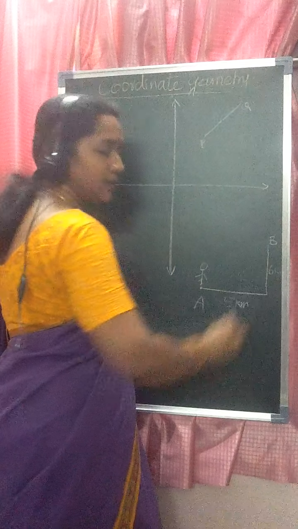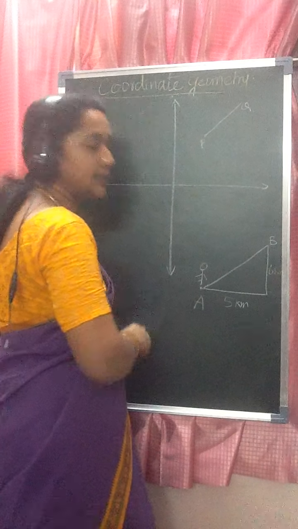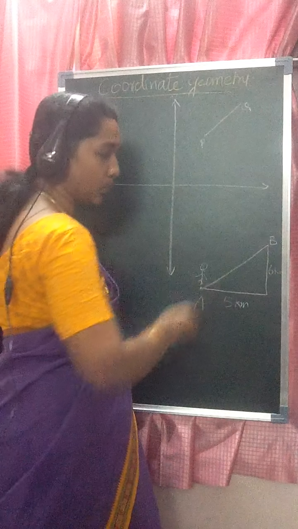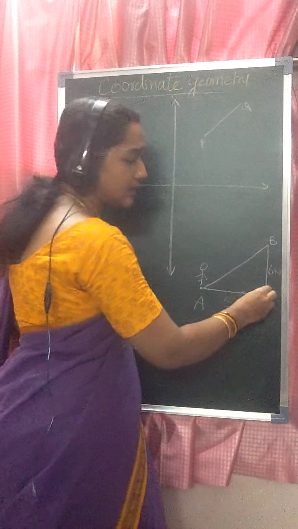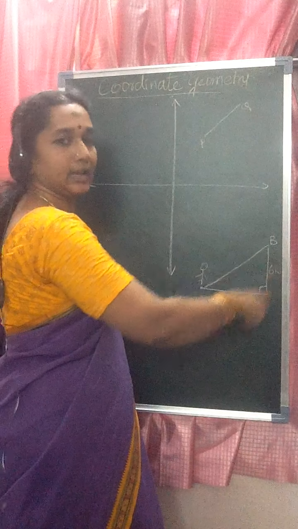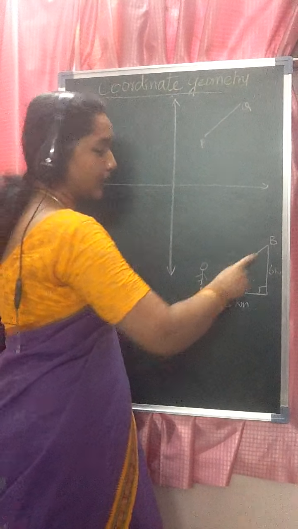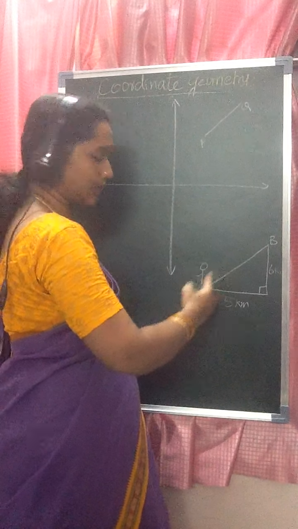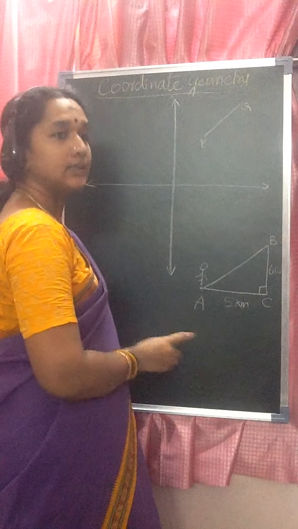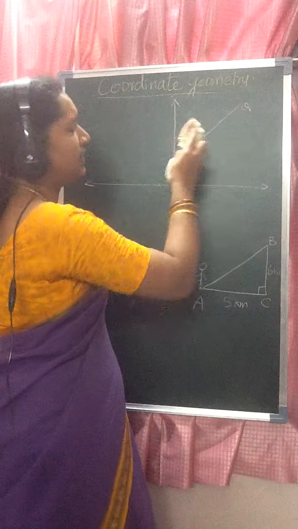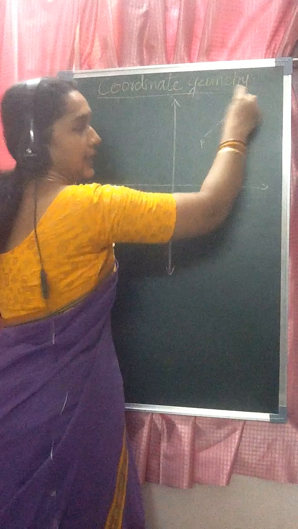That is town B. If you are asked to find the distance between town A and town B, how will you find? Easily we can find this using Pythagoras theorem. Since this is a right triangle, AB squared is equal to AC squared plus BC squared. The same thing we will be using here to derive the distance.